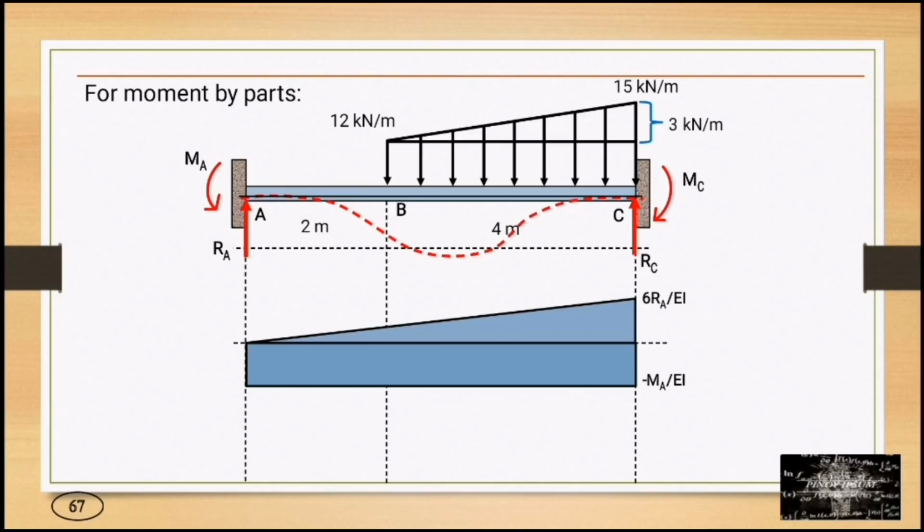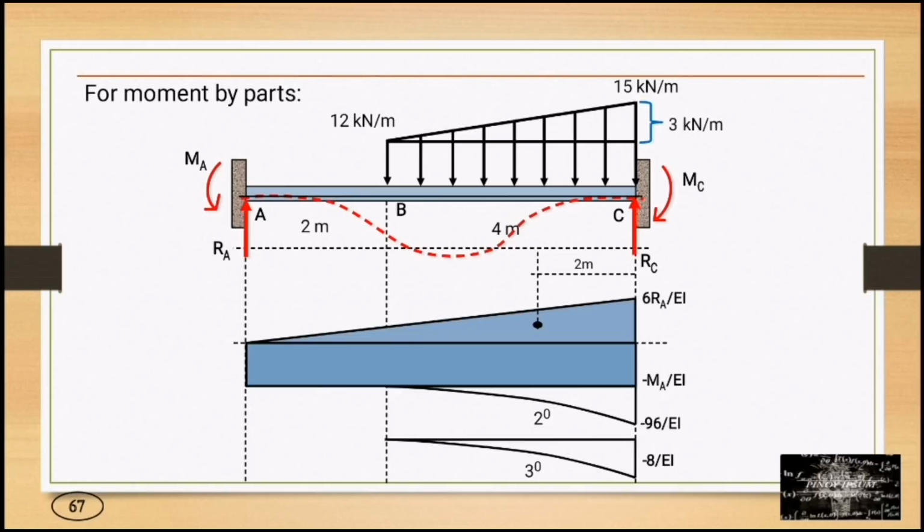We have triangle and rectangle. For rectangular load, we have negative 96 over EI. So, naka second degree curve. For triangular load, we have negative 8 over EI. So, naka third degree curve.